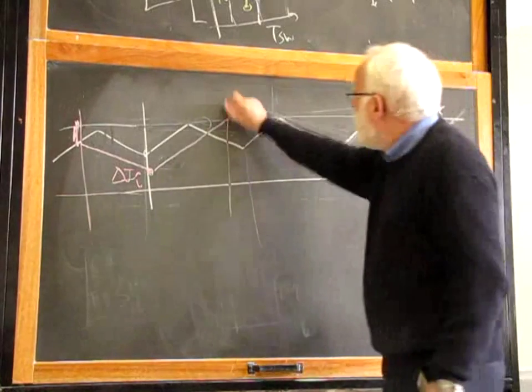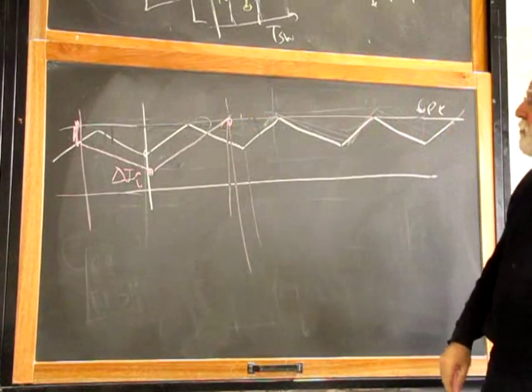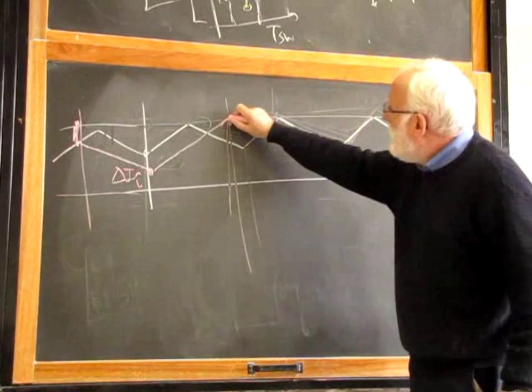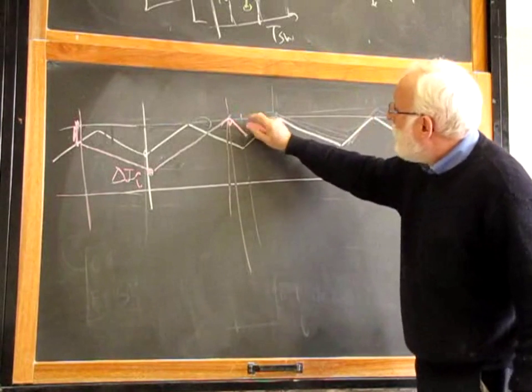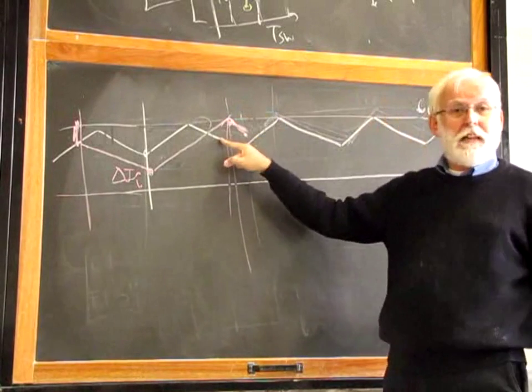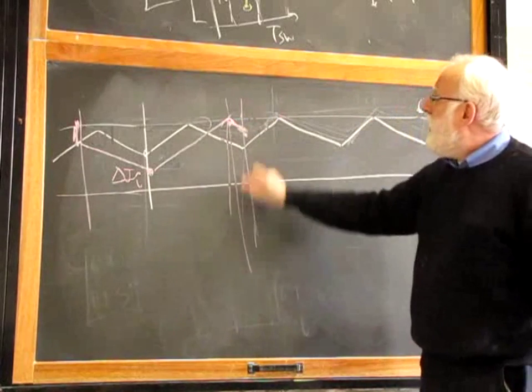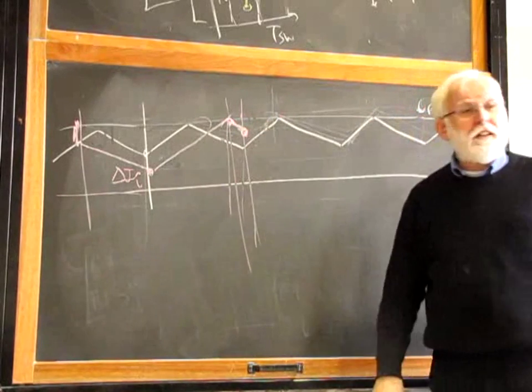At that point, switch opens, and I start the T2 phase, the T off phase, and I come down to this point. This slope, same slope, because the output voltage will not change. Next cycle starts.